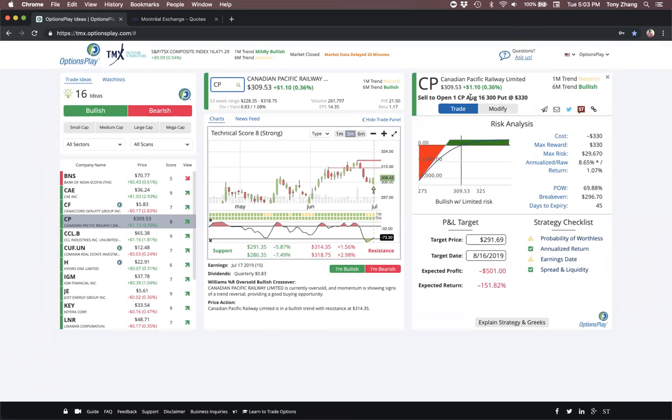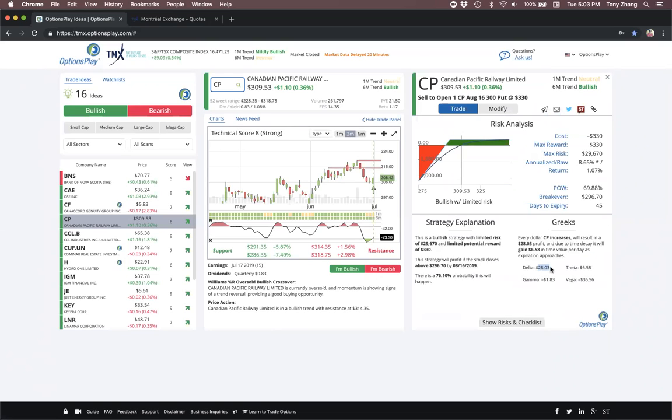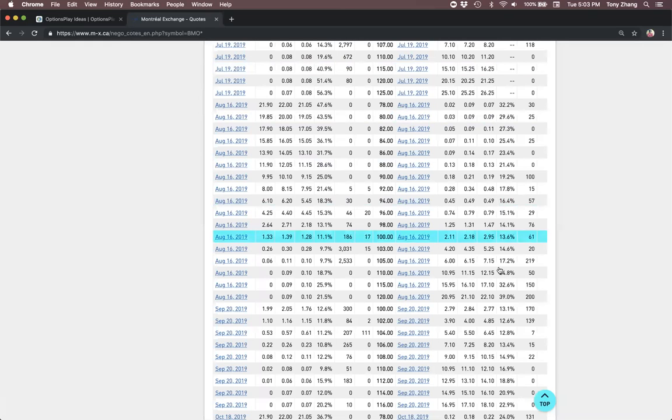So if I'm thinking about selling the August 16th 300 puts, this is telling me the delta here is 28. So this is roughly in that range of 30 to 40 that I'm seeking when I'm selling a cash secured put. And this is really what you should utilize to help you determine what delta to utilize. Those of you that use option chains, you'll typically see a delta on your option chain as well.